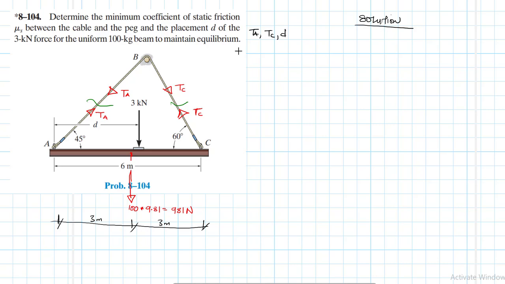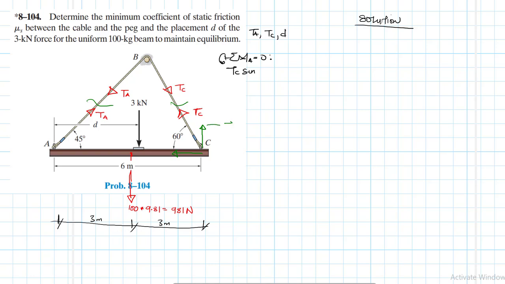Okay, so let's take moments about point A. So summation of moments about point A equal to 0, with clockwise being our reference. So we have TC sine, and this will have some components. There will be a component there and another component there.